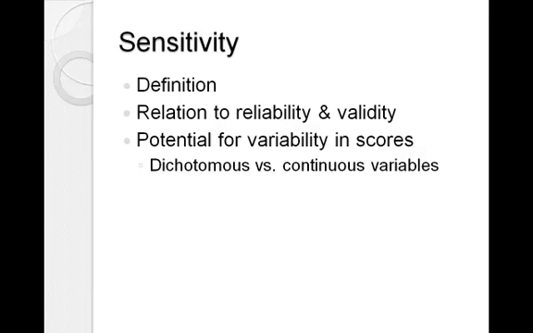If I've got a 9-point scale, that's more sensitive than a 5-point scale. So the number of points on your scale, the number of different gradations of the behavior that you can measure, limits the amount of sensitivity you have in terms of being able to discern differences in participants on the construct being measured.